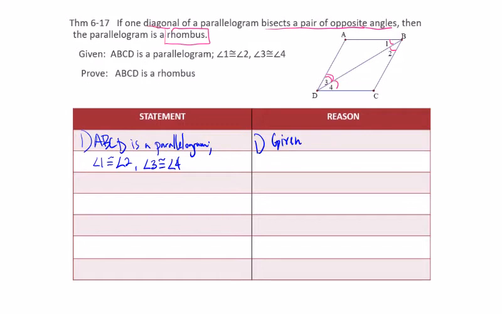All right, and so now we can say, okay, by the reflexive property, DB is congruent to itself, right? And that's enough to give us angle, side, angle.